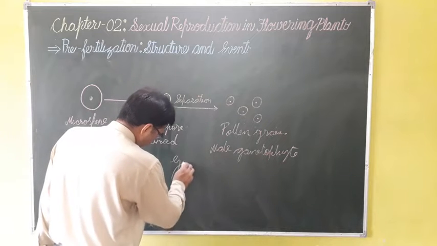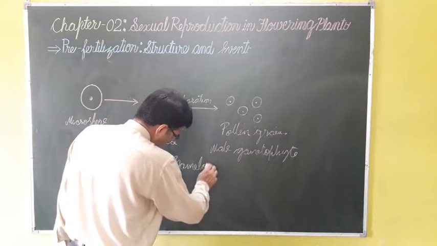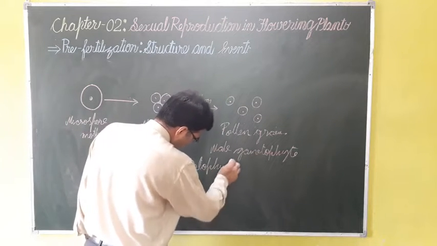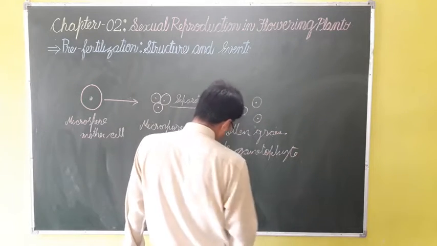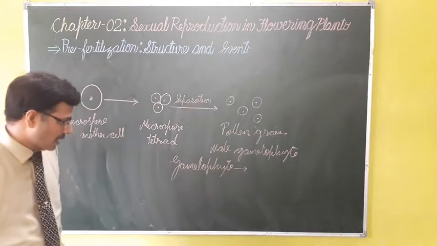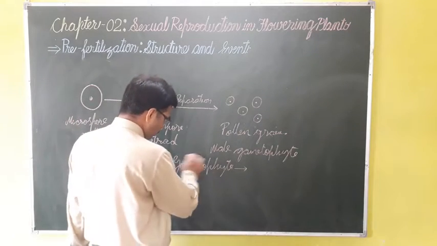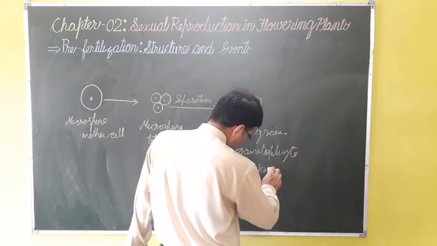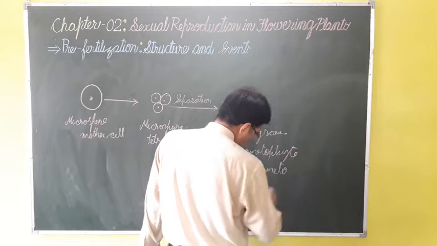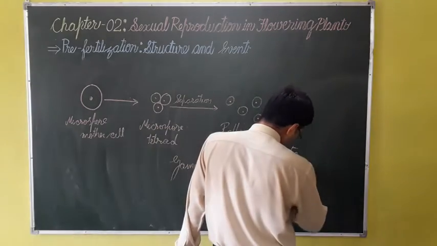So gametophyte, this term has two root words. One is called gameto and the other one is called phyte.